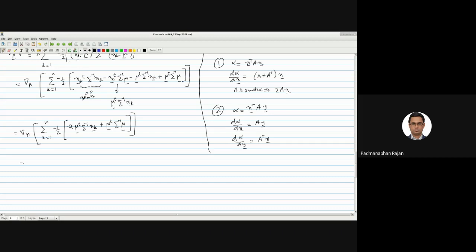Now if I apply the derivative, k goes from 1 to n, there is a minus half outside, and minus 2 mu transpose sigma inverse xk, which we differentiate with respect to mu. I can use this form here, mu transpose sigma inverse xk, where Ay is nothing but sigma inverse xk.